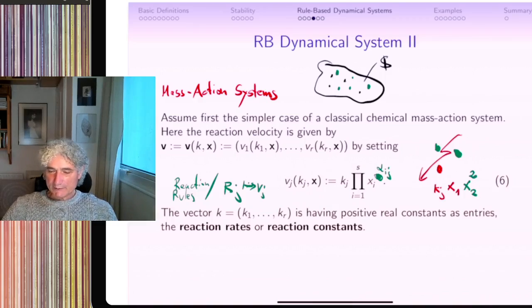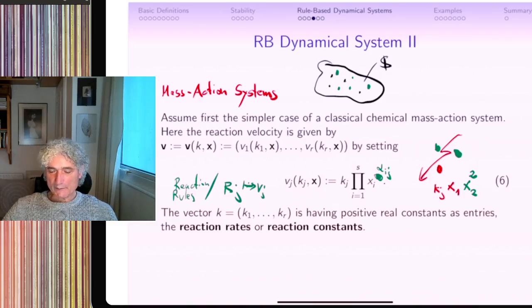So you see, you can interpret here the reaction rates as proportionality constants. And then the mass action assumption tells you that the concentrations to the power of their stoichiometric coefficients on the source side are giving you the reaction velocities.